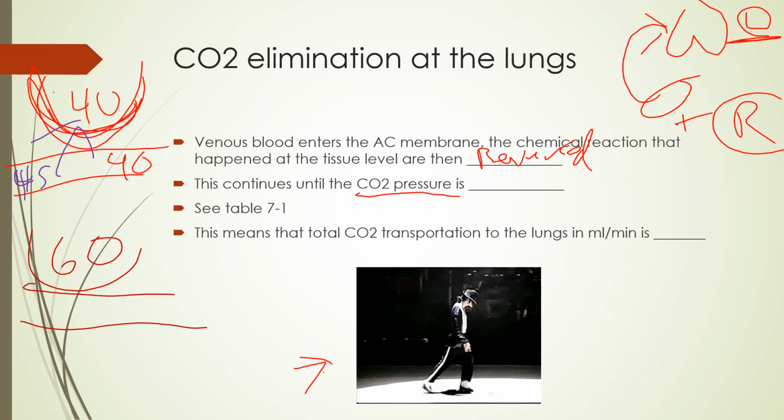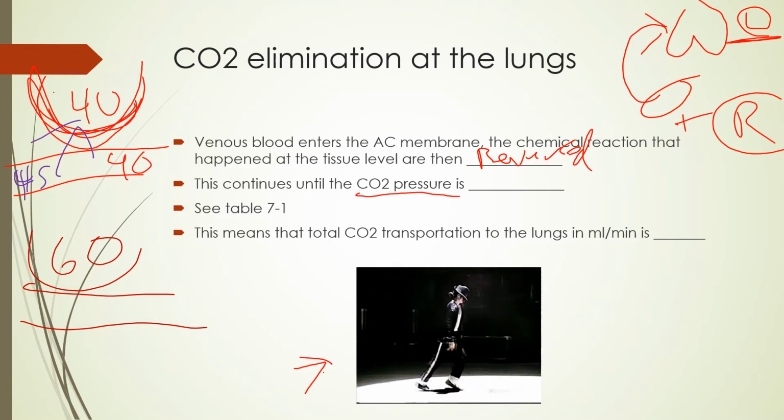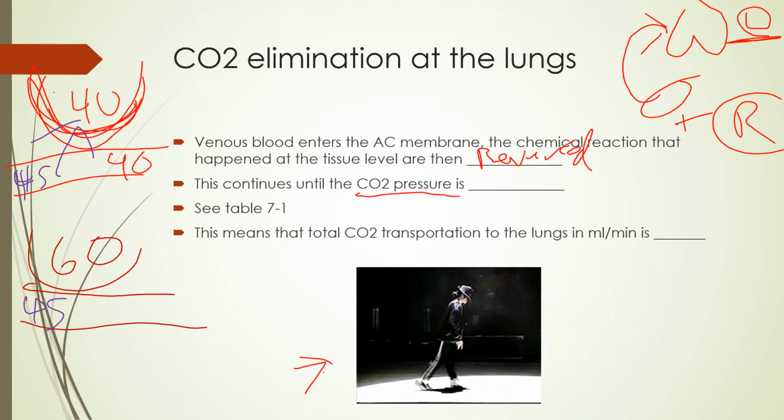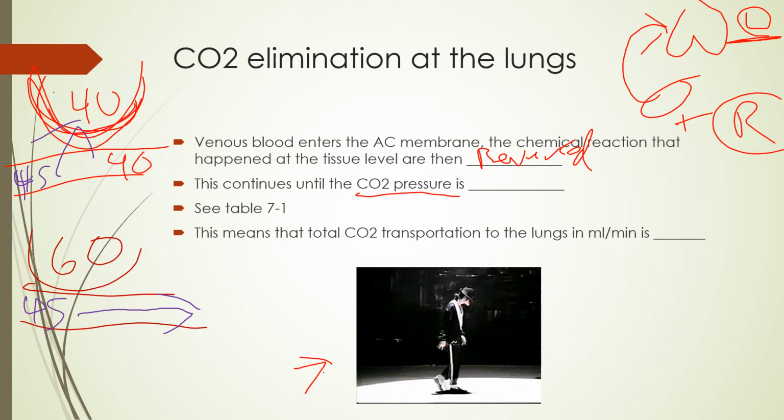So their alveolar CO2 is 60, and when we have CO2 being brought back to the lungs, let's just say the CO2 is at 45 still, are we going to have CO2 being eliminated from the body? No. So this CO2 stays in the bloodstream. None of it comes out.